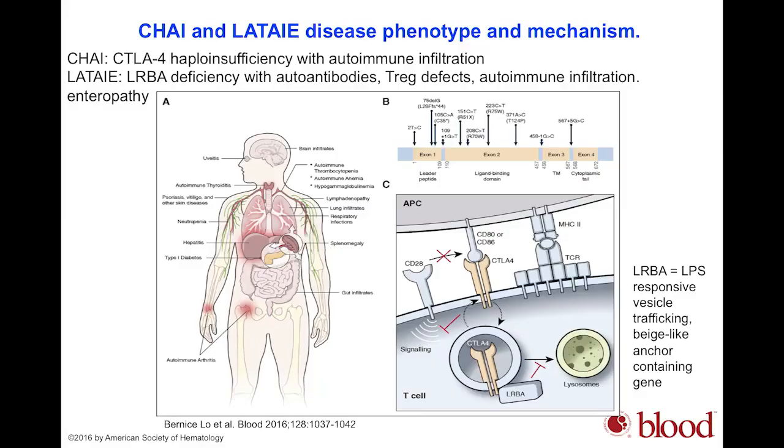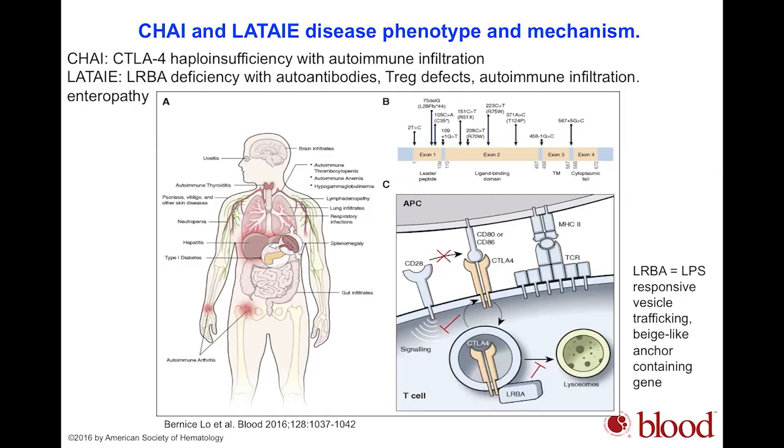But there's been very interesting work from Mike Leonardo's lab at the NIH that has defined several different diseases of CTLA-4. And I think there was a bit of a sense of humor here in that these diseases are referred to as chai and latte. Chai is an acronym for CTLA-4 haploinsufficiency with autoimmune infiltration. This is a disease, and you can see here different mutations throughout the CTLA-4 gene that can result in haploinsufficiency.